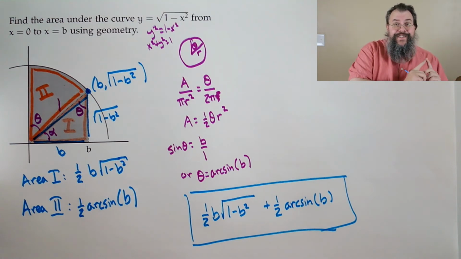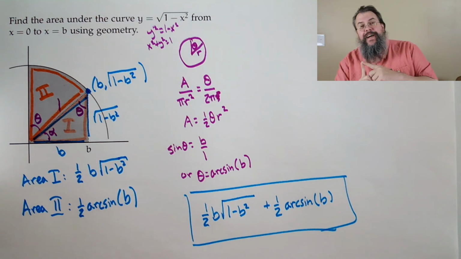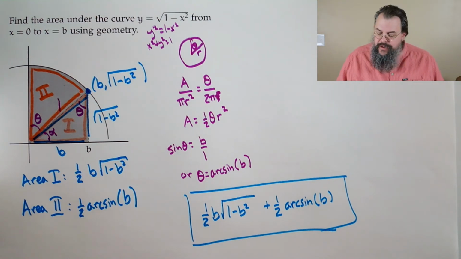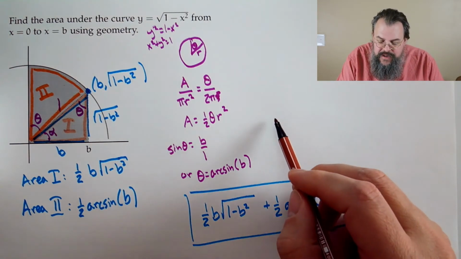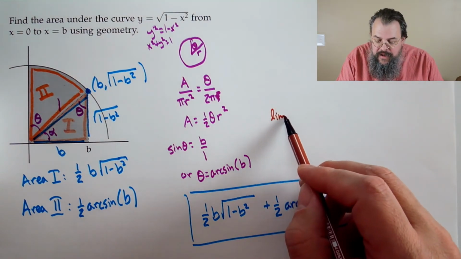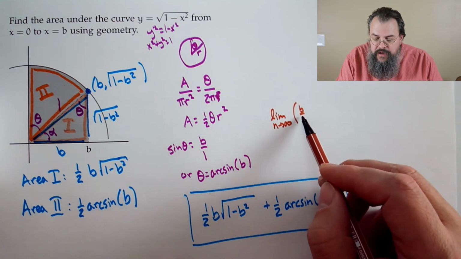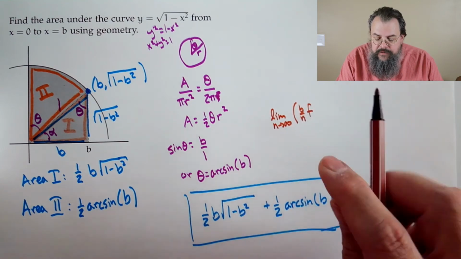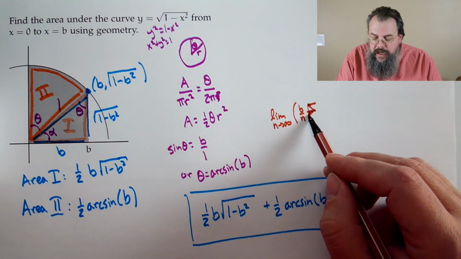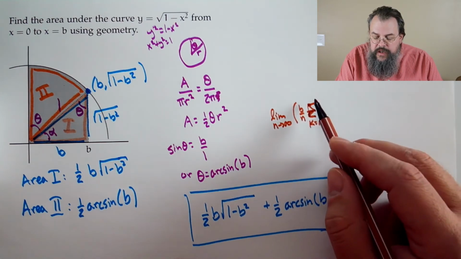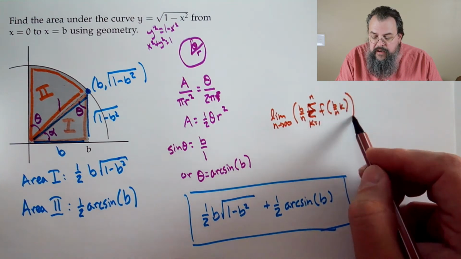Now, on a side note, we don't know how to do this by Riemann sums, but now we can kind of go backwards. And we can say, well, what would be the Riemann sum? So the Riemann sum would be the limit as n goes to infinity of what? B over n times f, remember that's the width. Whoops, not f yet, sum from 1 up to n, f of b over n times k.